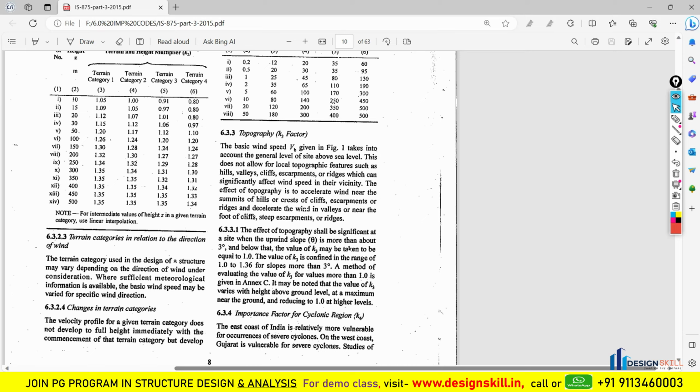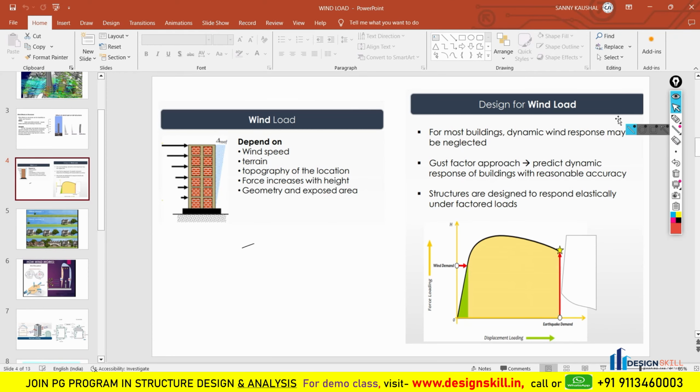Now move to the next important thing, which is that force increases with the height. When you increase the height of the structure, you will find that the force of the wind is going to increase. Because at the top floors, or as you increase the height of the structure, there are very few obstacles, and that's the reason the wind speed increases.